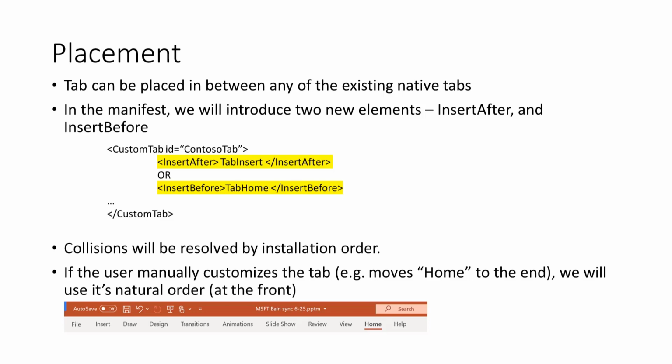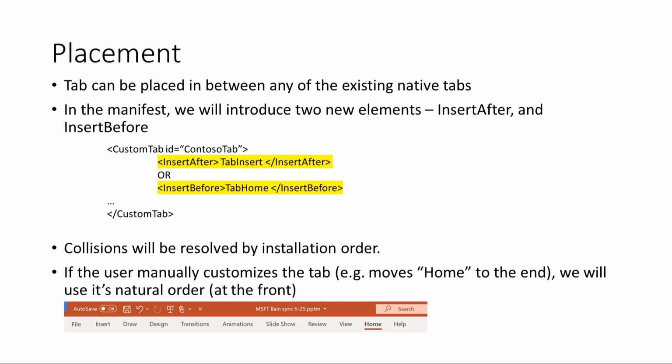For this, if we have any collisions, so if multiple add-ins want to be inserted in the same location, it'll be resolved by installation order. So the last installed add-in will take that location and it'll just push all the other add-ins down. And what happens also is that we will take the natural order of the tab.